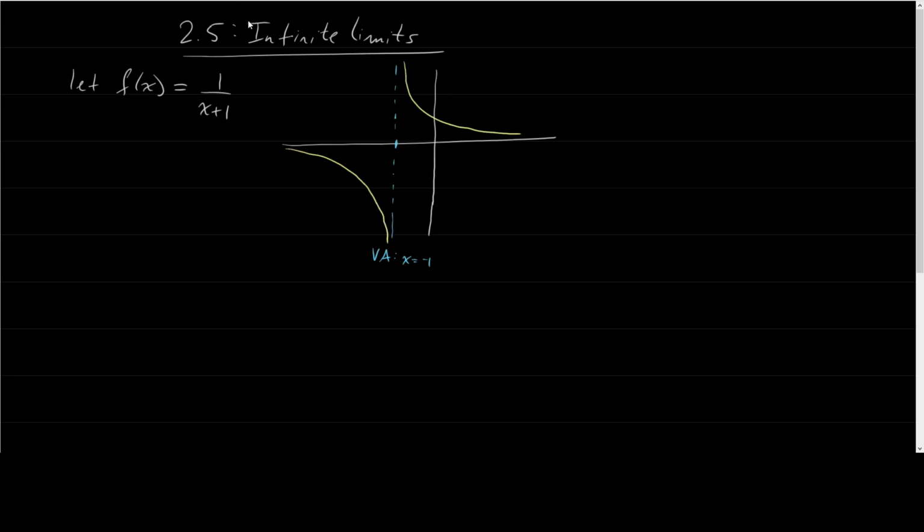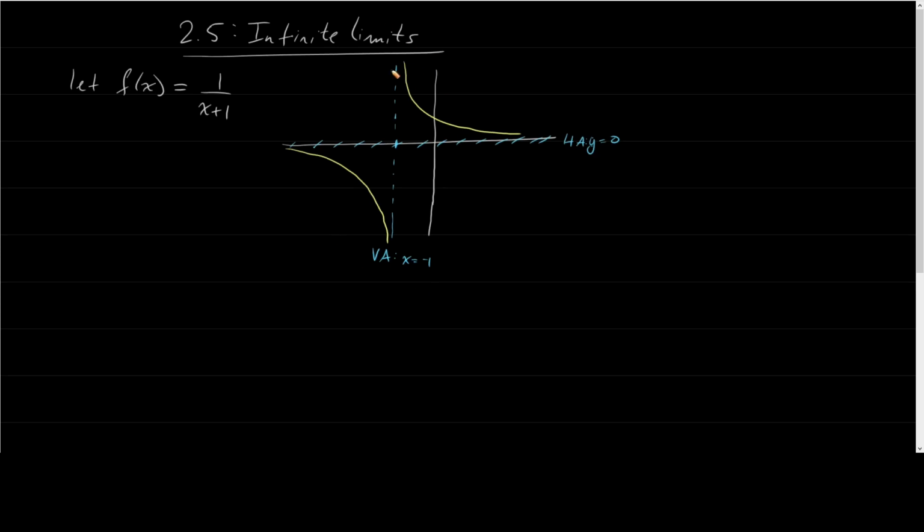We also have a horizontal asymptote of y equals 0. But here we're really concerned about what's going on near the vertical asymptote.